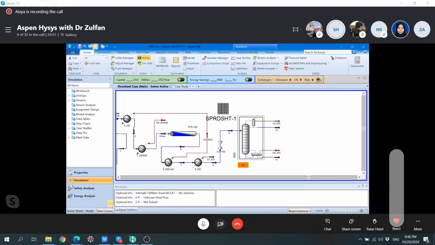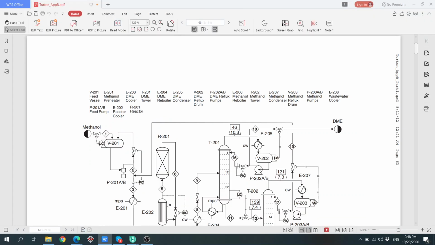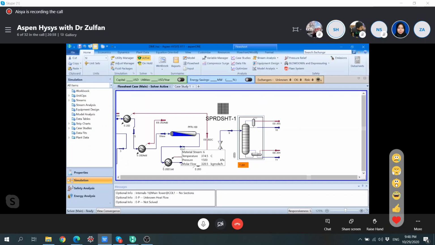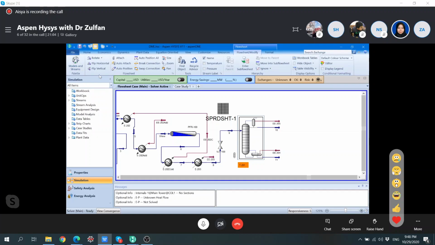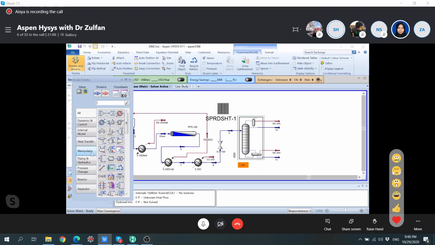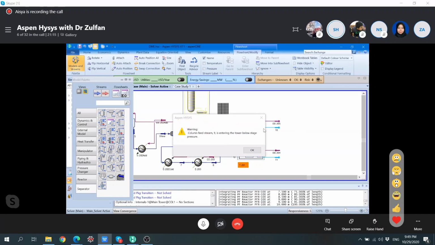Opening the textbook now. I will say it to you. So you can just drag your column, and I'll tell you the number of stages and the feed location. The same column.